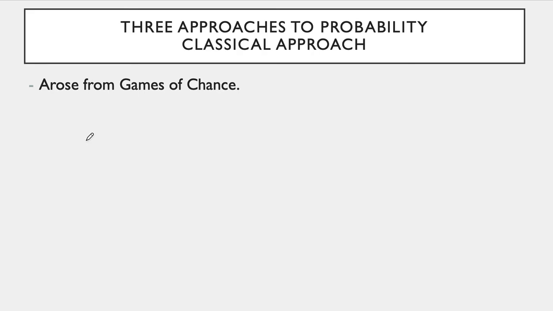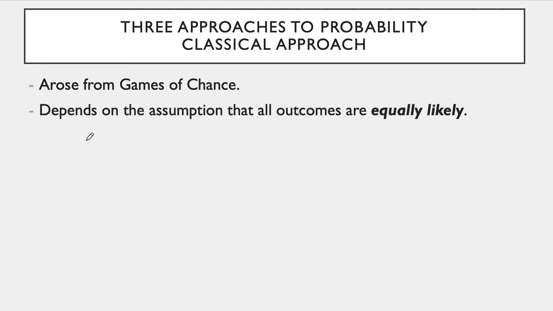When Fermat and Pascal were first studying this, the main purpose was how to win in gambling. It depends on the assumption that all outcomes are equally likely, so the classical approach conditions you that all outcomes are equal in chance.